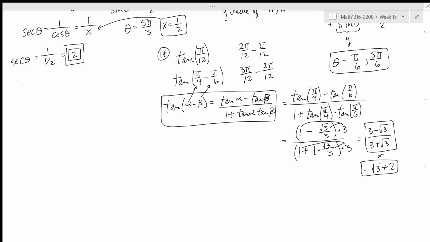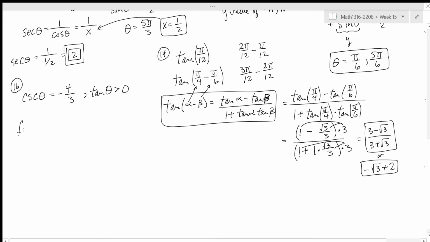Okay, number 16. And this problem says, use the information given along with a double angle formula to find the exact value of the indicated trig function.